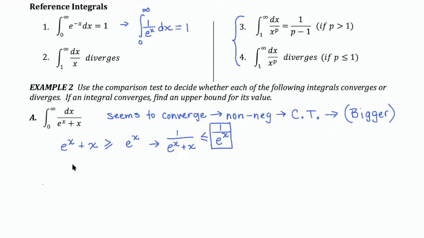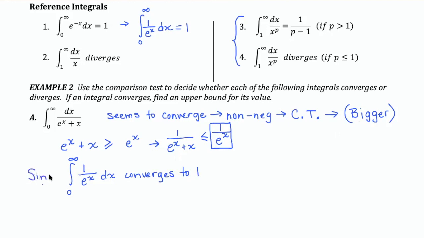Now, all I have to do at this point is say that we know the integral from 0 to infinity of 1 over e to the x dx converges to 1. And I can say that automatically because that's one of my reference integrals, so I don't have to go through the whole integration process.